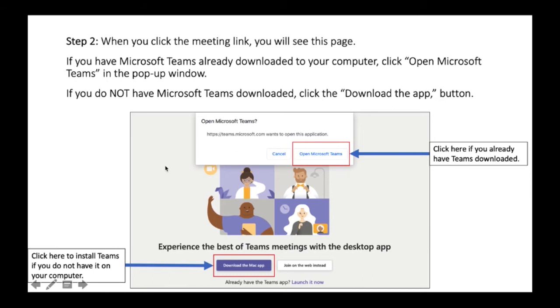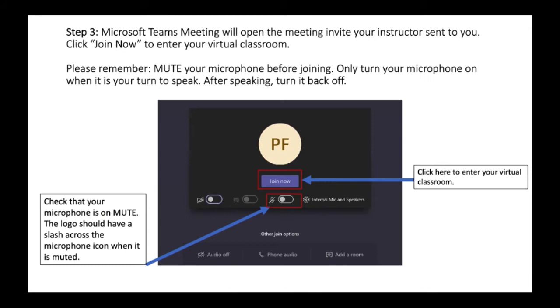And if you have Microsoft Teams already downloaded to your computer, as I showed in part 1, you can just click Open Microsoft Teams and it will automatically open Teams for you. But if you haven't done so already, there will be a button in the bottom of the page that says Download the app. And this one is specifically for my Mac computer. And if you have a Windows computer, it will say download the Windows app.